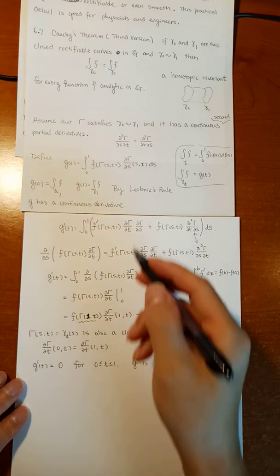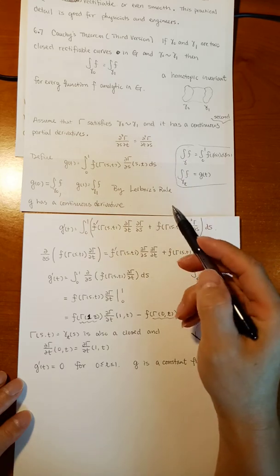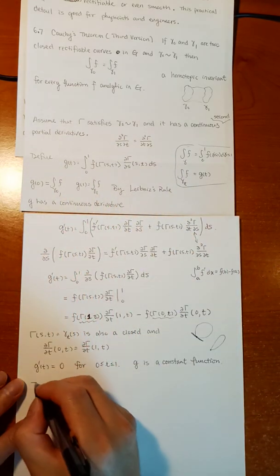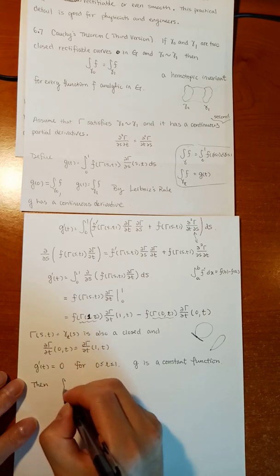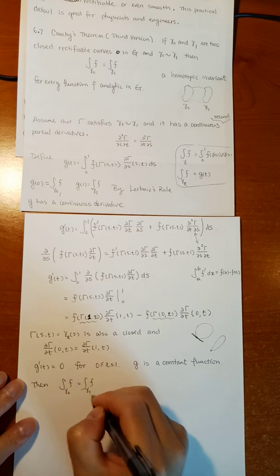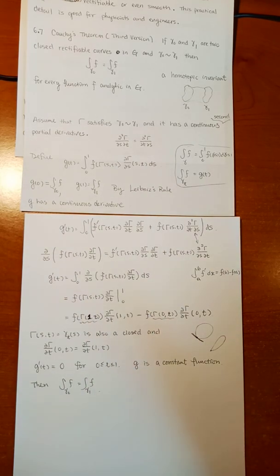Then we get g of 0 is equal to g of 1. Okay, so we are done. Well, in the best case.